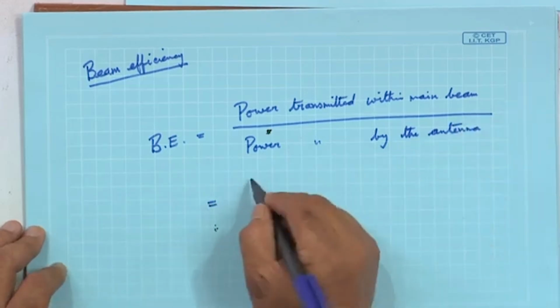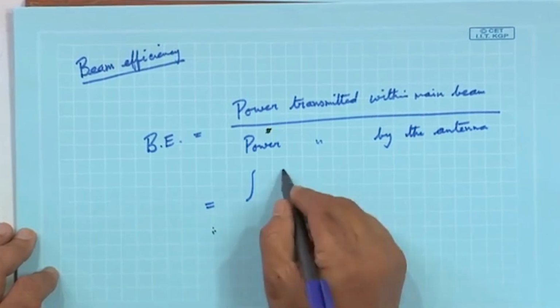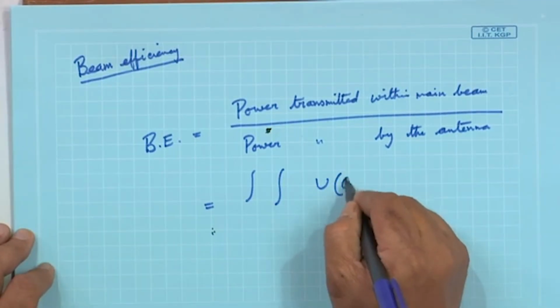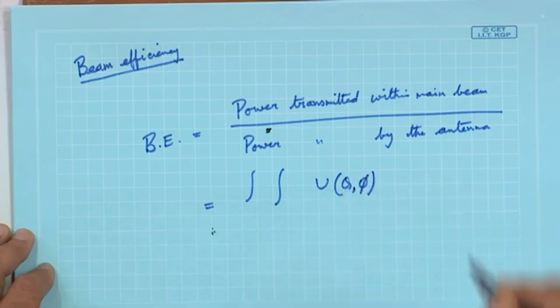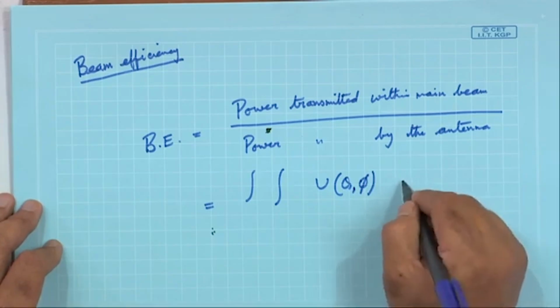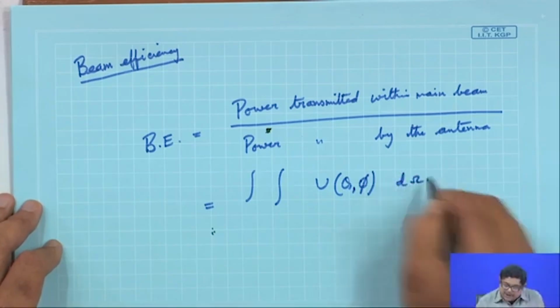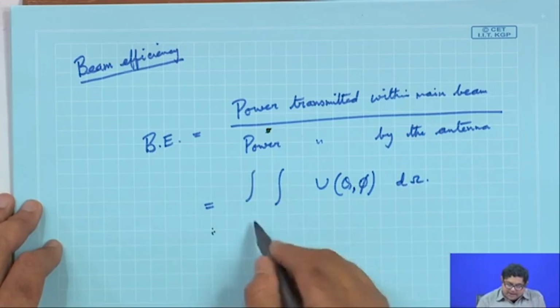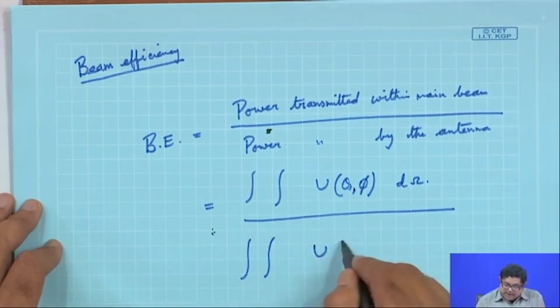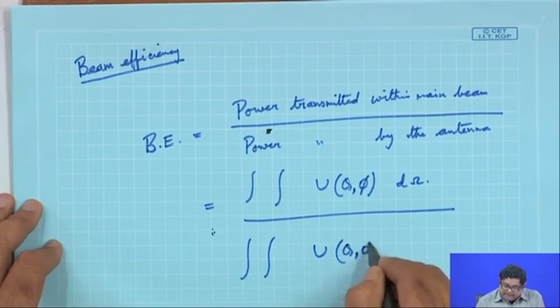So, mathematically how do we tackle this? You see, it is easy. We know that if U(theta, phi) is the radiation intensity, then if I multiply this by the solid angle and take appropriate limits, I can get this same expression.